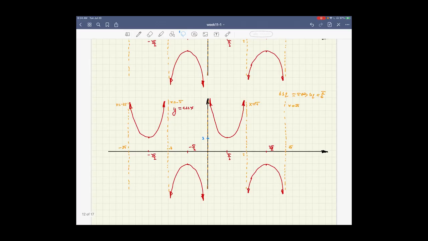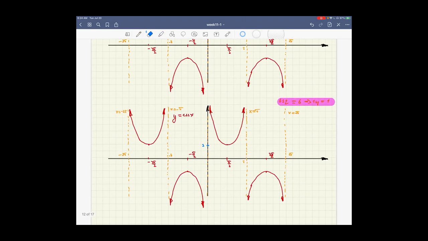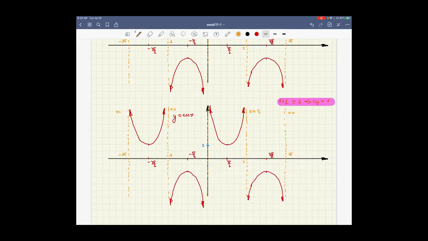So what happens now, I say that 6 squares will be not pi, but rather 6. So that 1 square is 1 unit. So accordingly, instead of pi and 2 pi and negative pi and negative 2 pi, I will have 3, 6, negative 3, and negative 6.